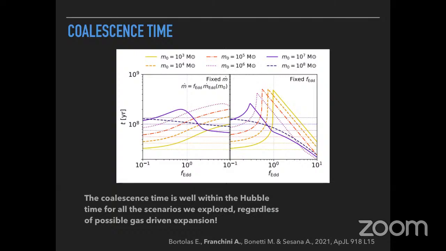So this means that regardless of possible gas-driven expansion, in our picture, where we assume that after the binary hits the self-gravity regime it will just go down, and we just have a very simple analytical prescription for the evolution of the binaries in the major axis, the coalescence time is always shorter than the Hubble time for all the scenarios that we explore. So all the different initial masses, fixing m dot or fixing the Eddington ratio, and basically that's it.